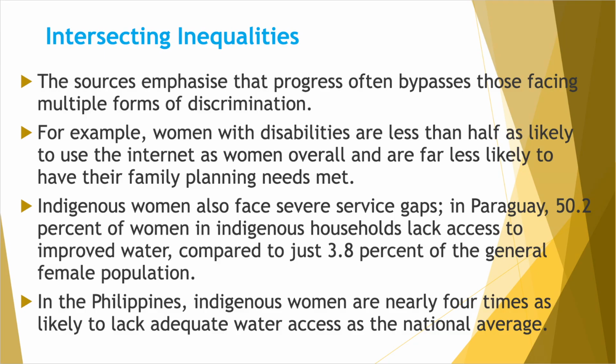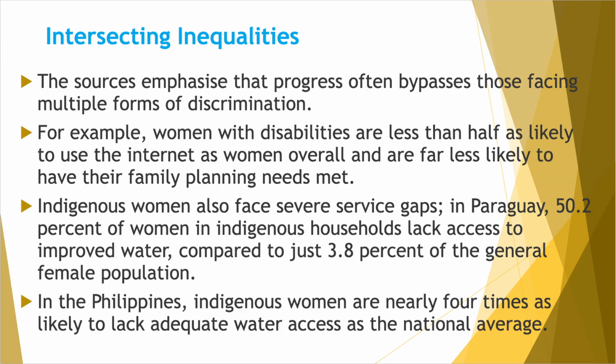Indigenous women also face severe service gaps. For example, in Paraguay, 50.2% of women in indigenous households lack access to improved water compared to just 3.8% of the general female population. In the Philippines, indigenous women are nearly 4 times as likely to lack adequate water access as the national average.